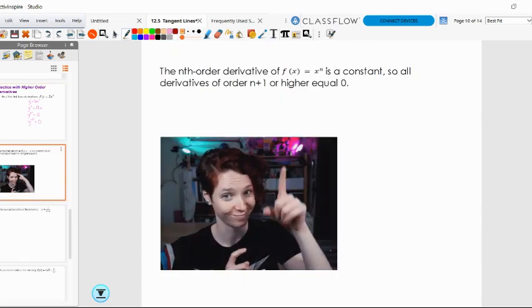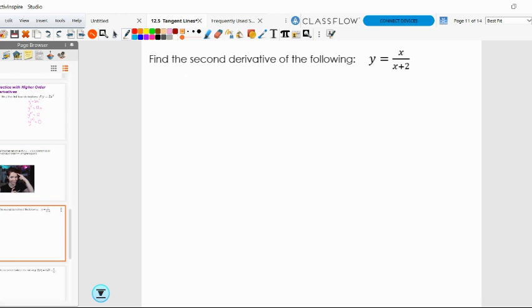See, we're thinking. Okay, now let's try another one. This one says, find the second derivative of the following. Okay, we've got a quotient rule. So the first derivative is going to be the derivative of the first times the second, minus the first times the derivative of the second, all over the second squared.